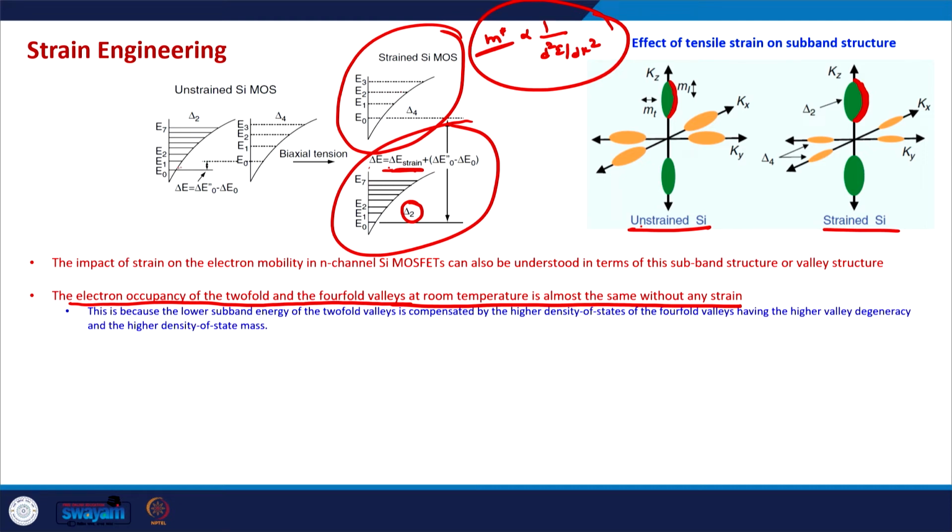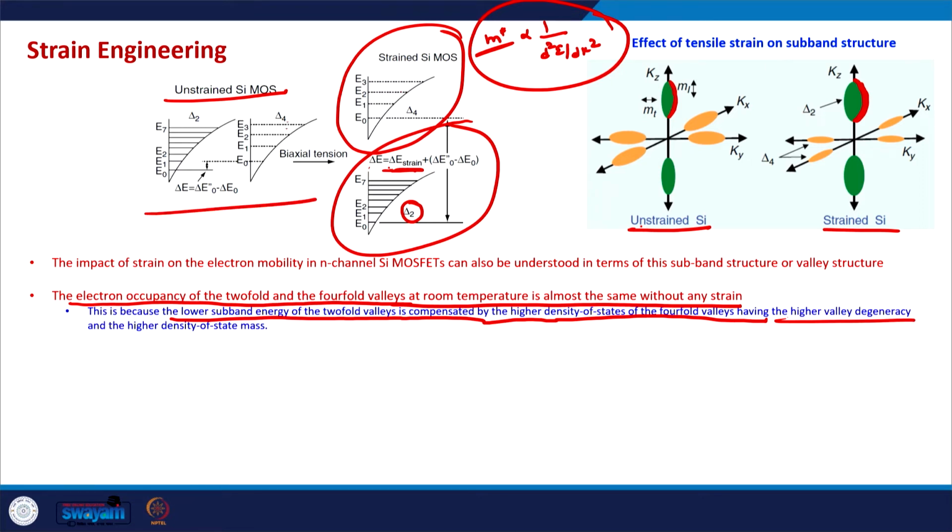Even though there is a difference in these energy levels, in unstrained silicon the electron occupancy at room temperature is almost the same, and the reason for that is that the lower subband energy of the 2-fold valleys is compensated by the higher density of states of the 4-fold valleys, having the higher valley degeneracy.